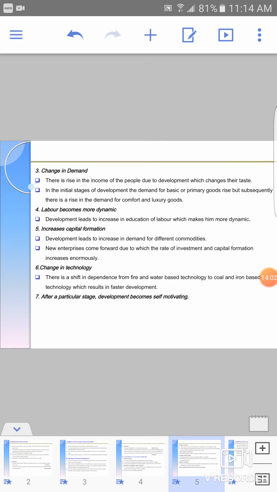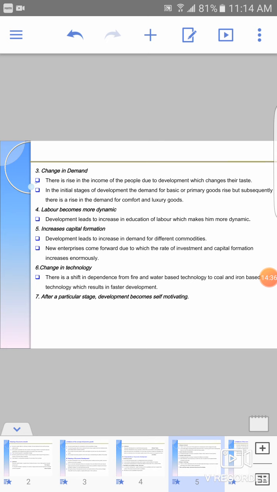New enterprises come forward, due to which the rate of investment and capital formation increases enormously. So what does that mean? The income level of people has improved, so they'll demand more products, so the enterprises will also increase as the demand is more. The investment rate will increase and the capital formation will at last increase because of this.